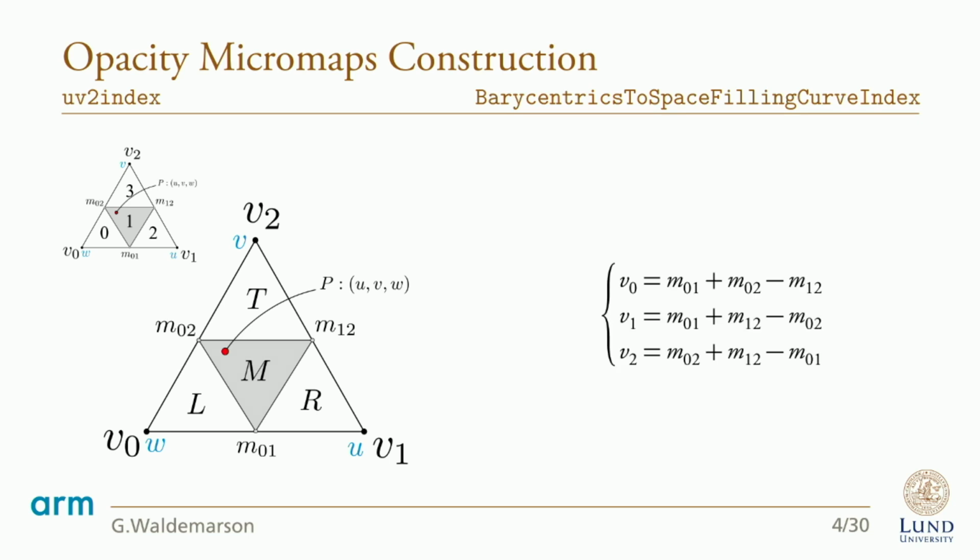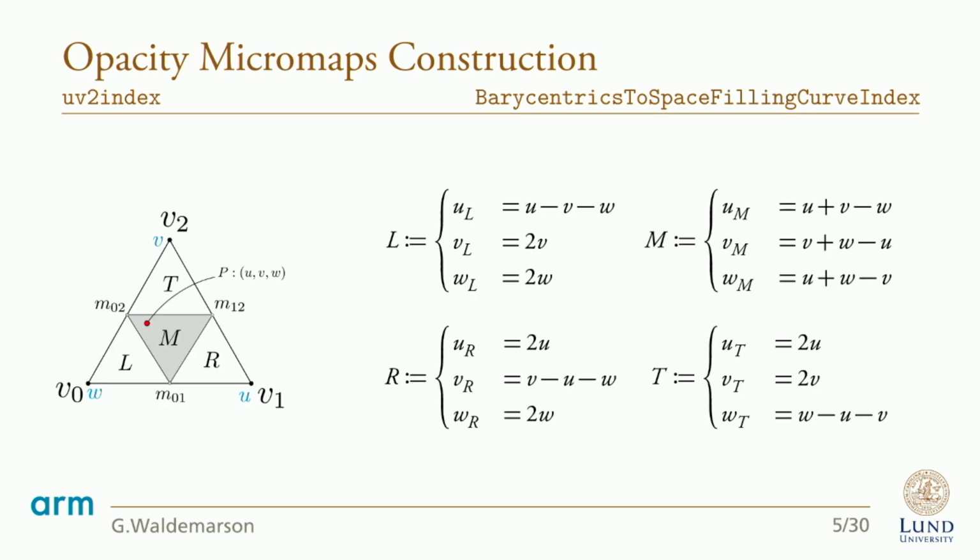Then, by using a little bit of geometry, we can derive equations to link together these midpoints and the vertices. And furthermore, we can express each vertex and midpoint using barycentric coordinates. And with a little bit of substitution, we can then find expressions that let us use the original barycentric coordinates to update them again to any of the particular subtriangles.